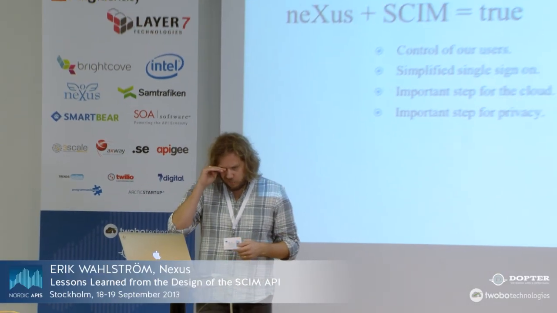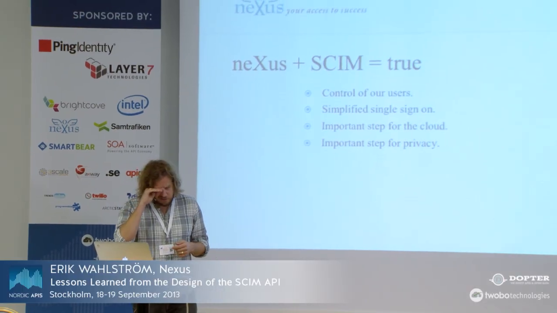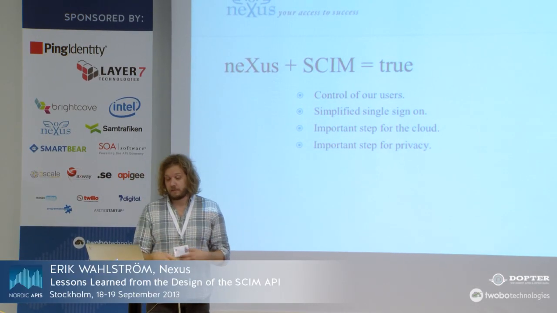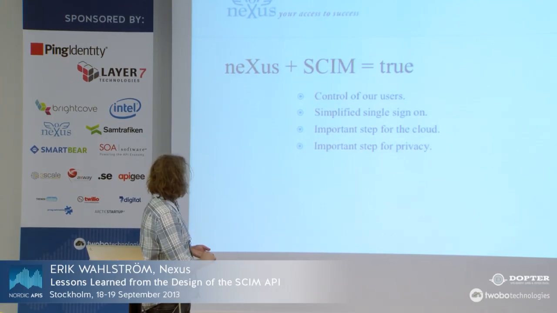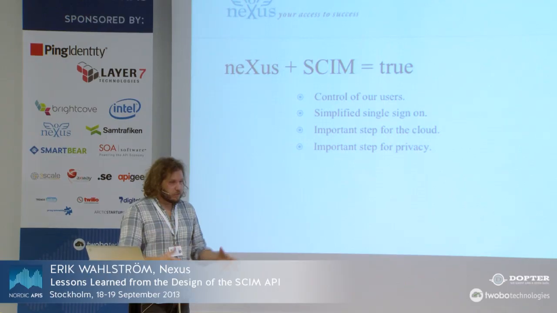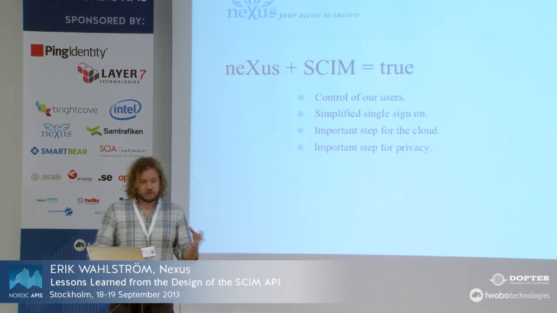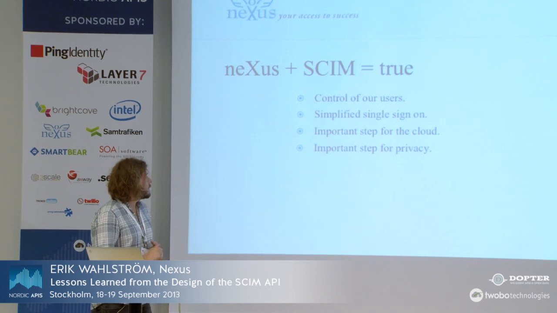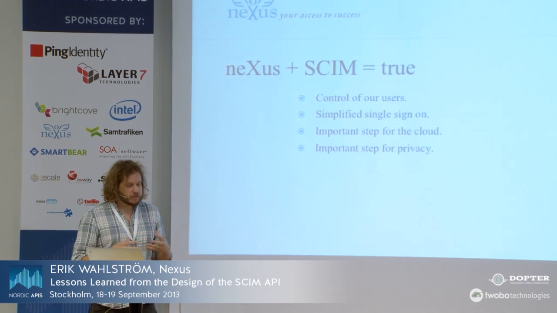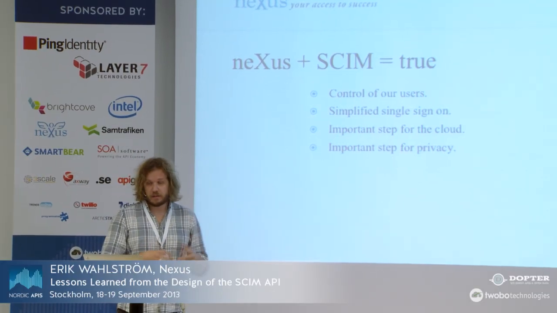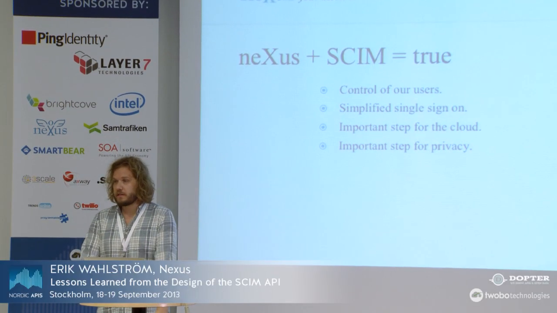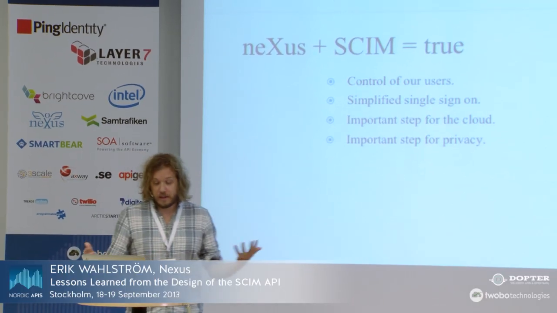And the final slide for defining what SCIM is and why it exists is: why are we committed to SCIM? Well, we have a lot of companies using our products and controlling their identities, and we want to give our customers the ability to take back control of their identities, to own their own data.